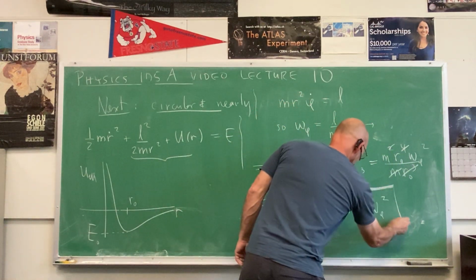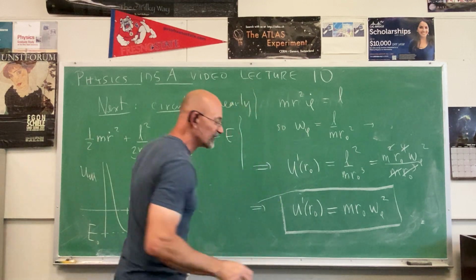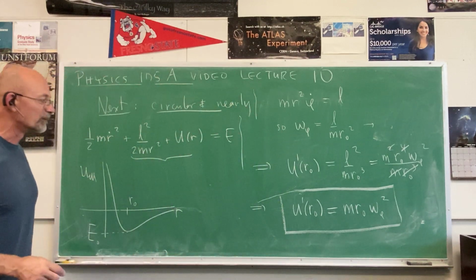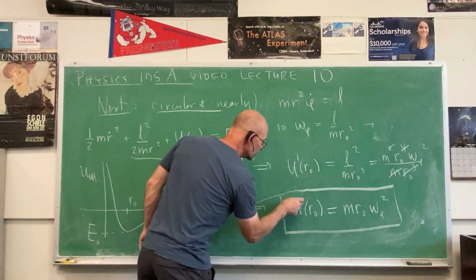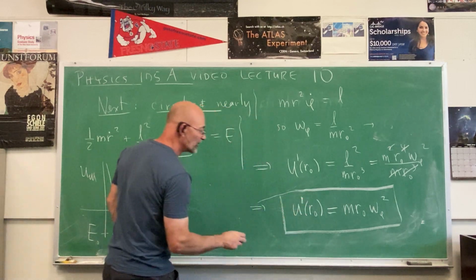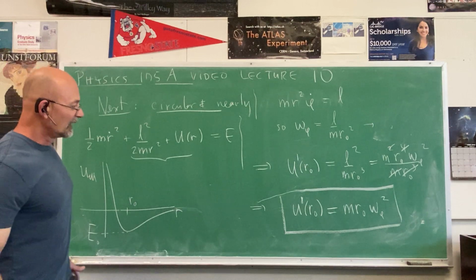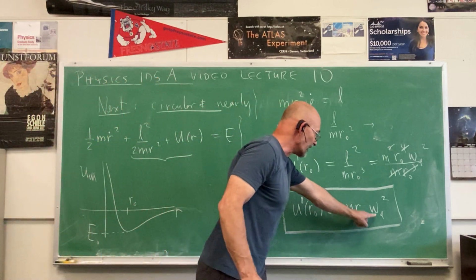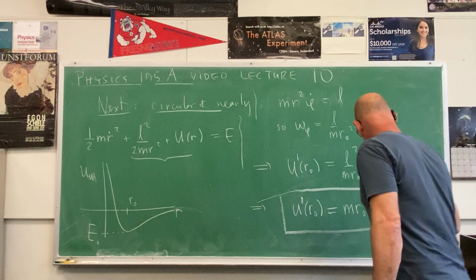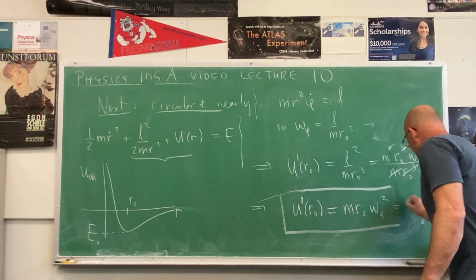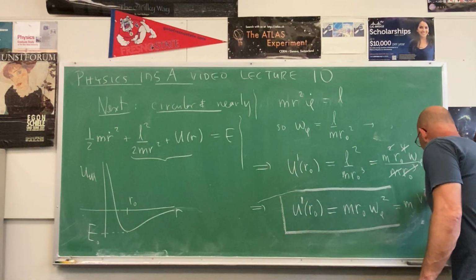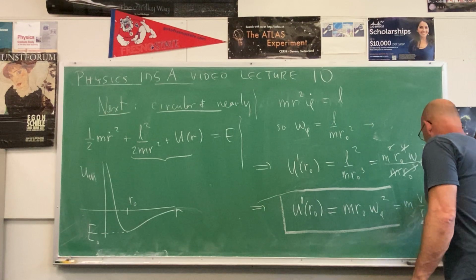This is nothing other than the centripetal force formula, right? The U prime is your force. It's a central force, so it's centripetal force. And the m r naught omega phi squared is, of course, the same as m v squared over r naught.